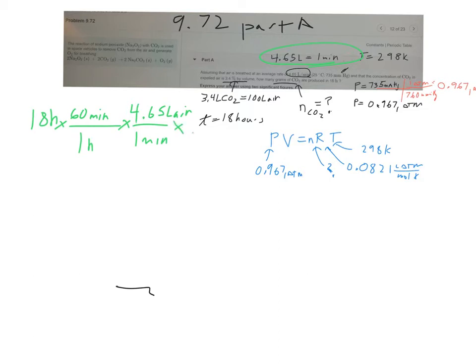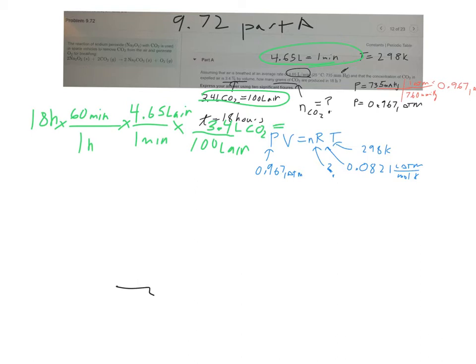Now I'm not wanting air. I need to get rid of air. Well, that's where my percent comes in. Because I know that for every 100 liters of air I have, or 100 parts of air, I have 3.4 liters or parts of carbon dioxide. So I'm going to multiply everything on top, divide through by everything on the bottom.